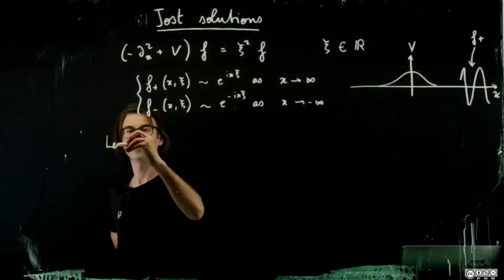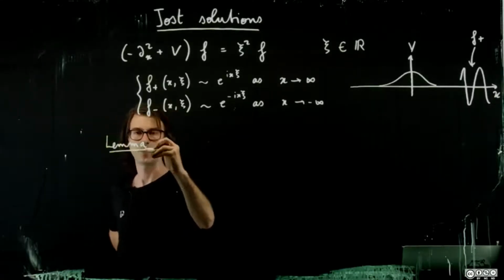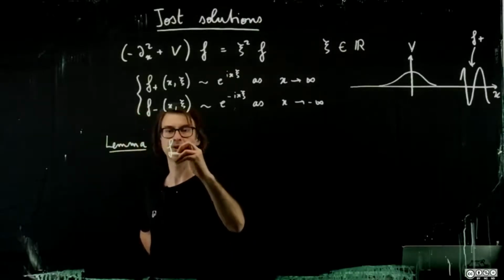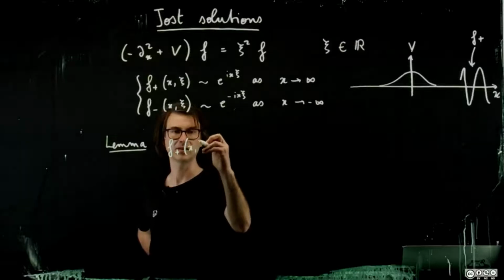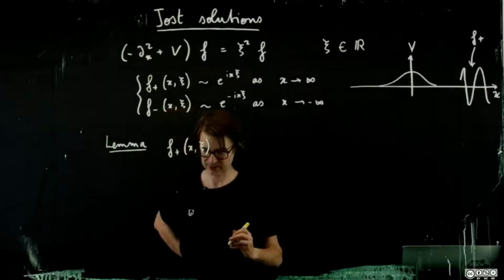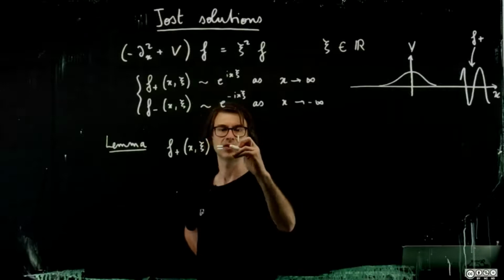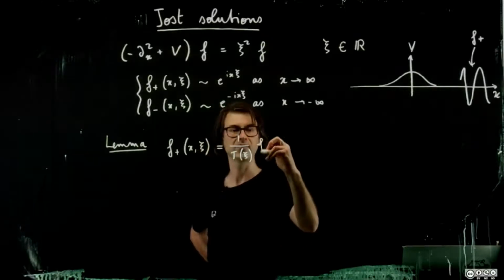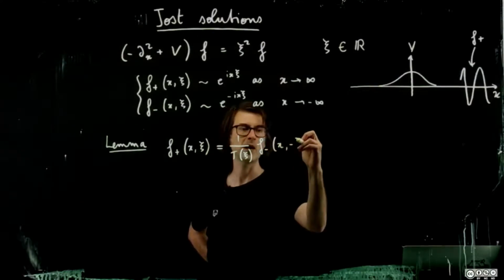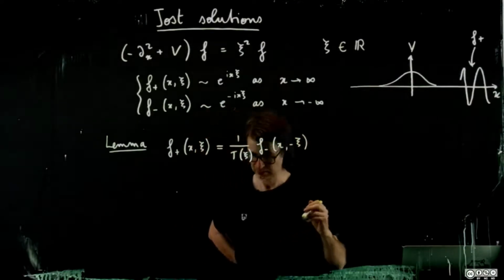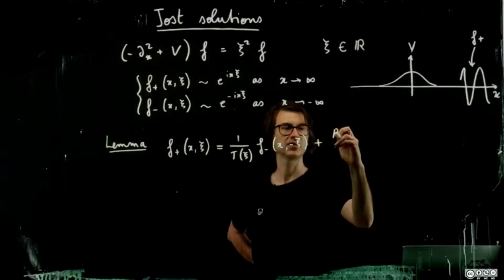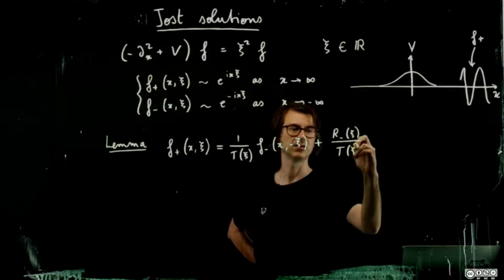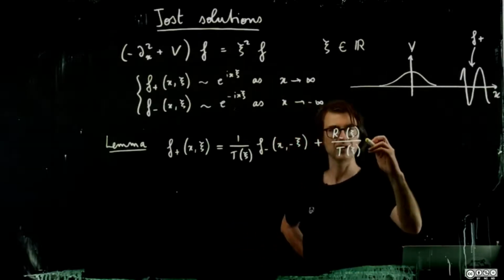So here is the lemma. So if I look at f plus, I'm going to write the lemma and then explain. f plus of x, ξ is 1 over T of ξ times f minus of x, minus ξ, plus R minus of ξ divided by T of ξ times f minus of x, ξ.